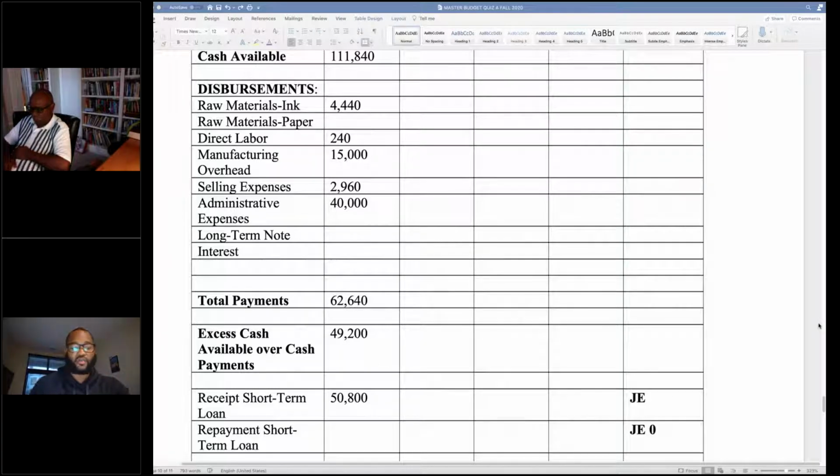So the short term is just the difference in what you spent from your excess cash. Say that again. The short term receipt is how much you borrow so you can keep 100,000 in the bank. Okay.